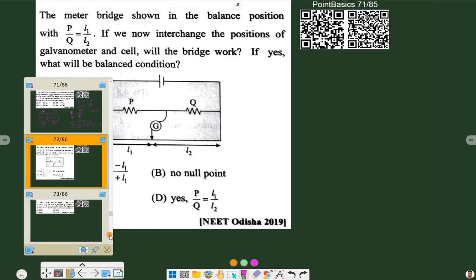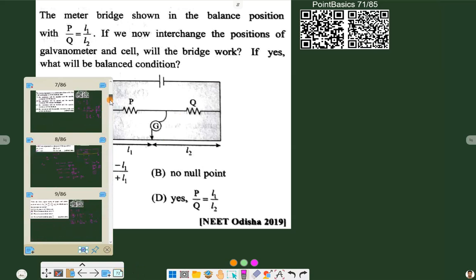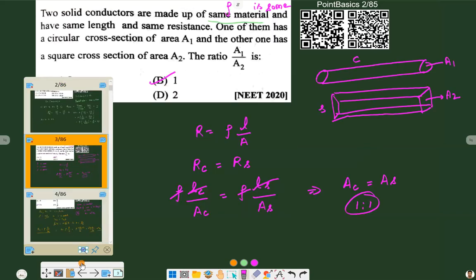I think I can find that question from the starting.